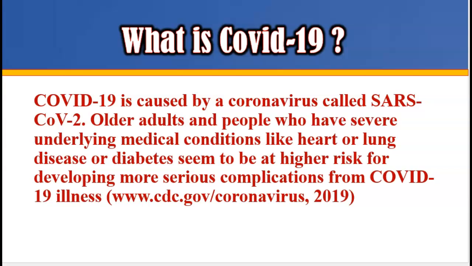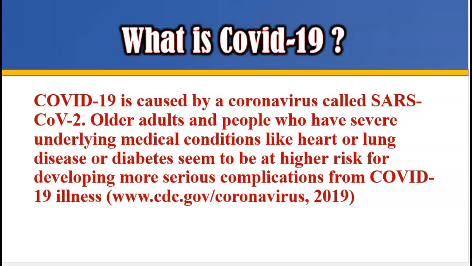COVID-19 is caused by a coronavirus called SARS-COV-2. Older adults and people who have severe underlying medical conditions like heart or lung disease or diabetes, also individuals that are immunocompromised who've received some type of transplant, heart transplant, renal or kidney transplant, and are taking meds to prevent the body from rejecting the organ.